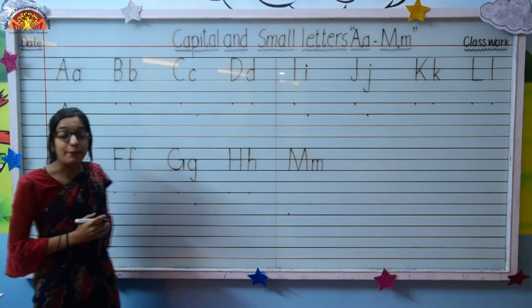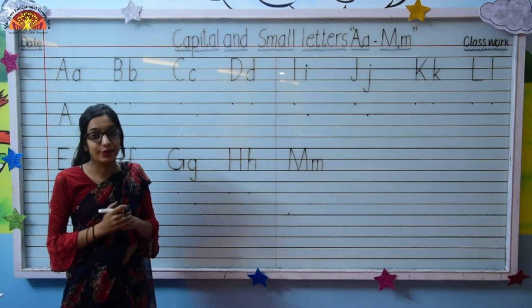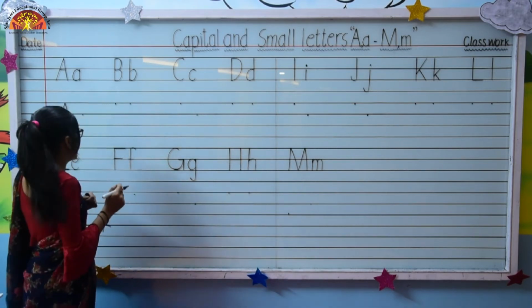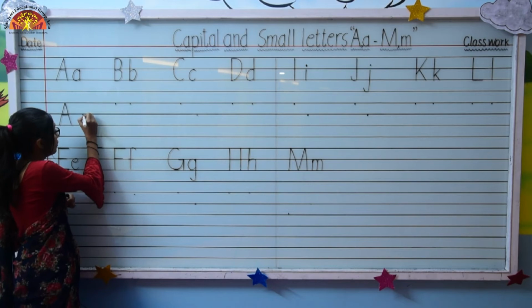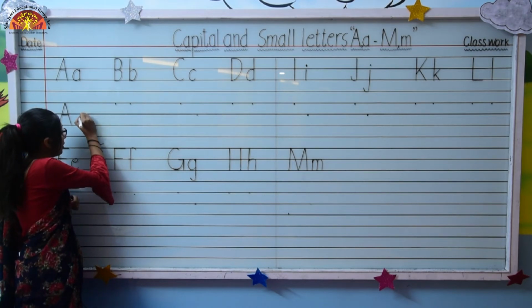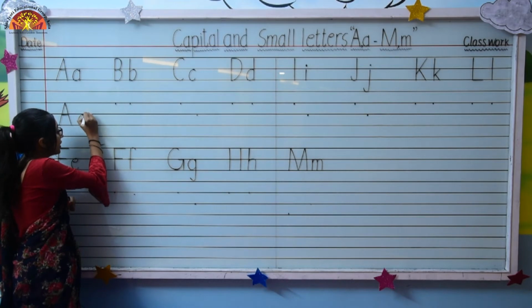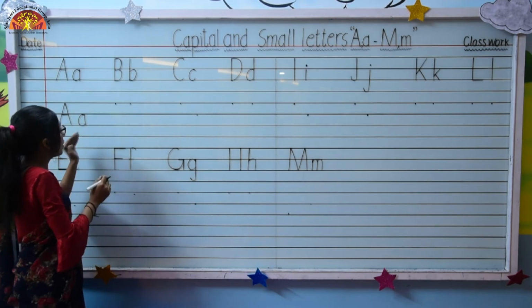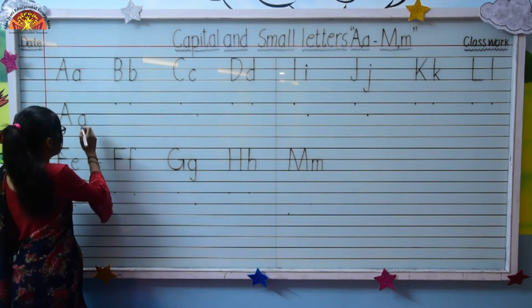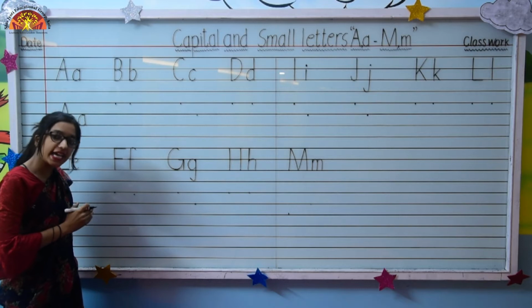This is capital letter A. Now let's make small letter A. So, make a small curve and a small standing line. This is small letter A.